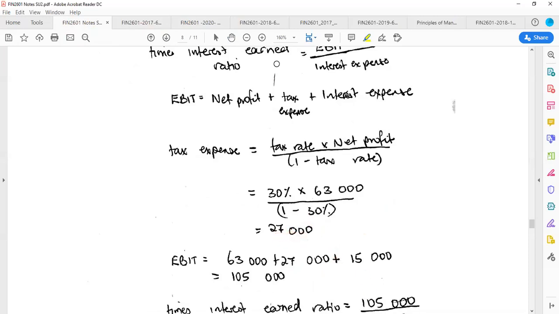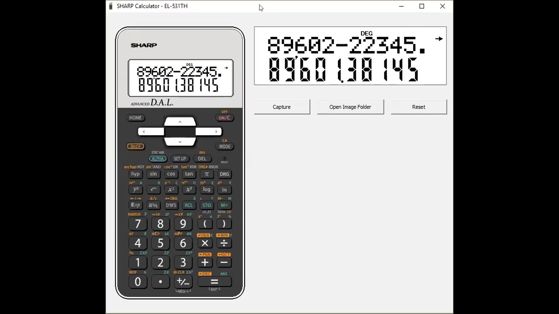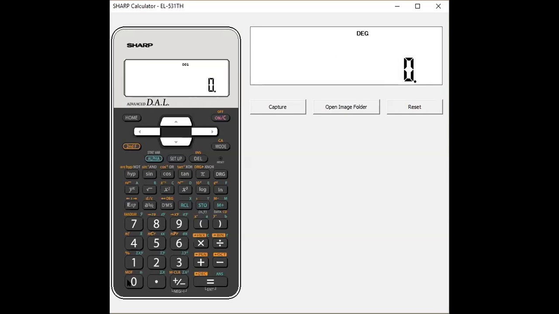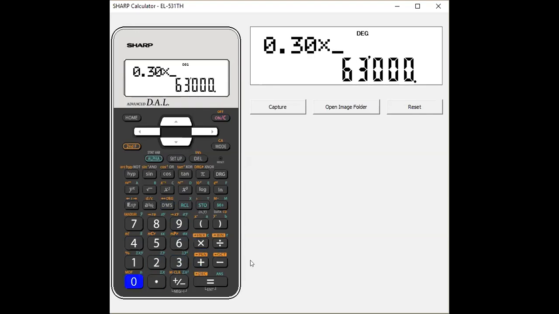Again, here you need to be careful when it comes to your calculator to avoid making mistakes, right? 30% is 0.30. We say 30 divided by 100 times 63,000, right? So we get this answer, which is 18,900.